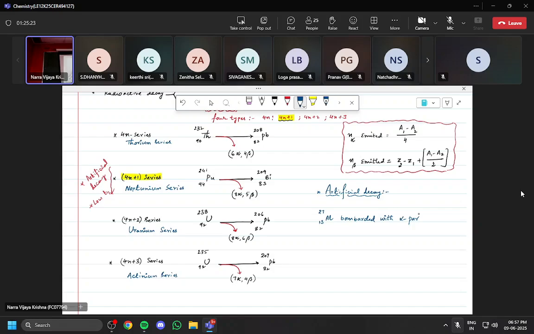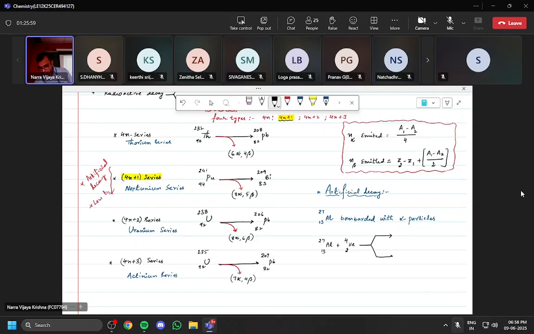In the same way I am taking aluminium foil, bombarded with alpha particles. Then can I write that reaction this way? Aluminium 13, 27 plus helium 2, 4. Can I write like this? Now it will give silicon. What is the silicon atomic number? Phosphorus.